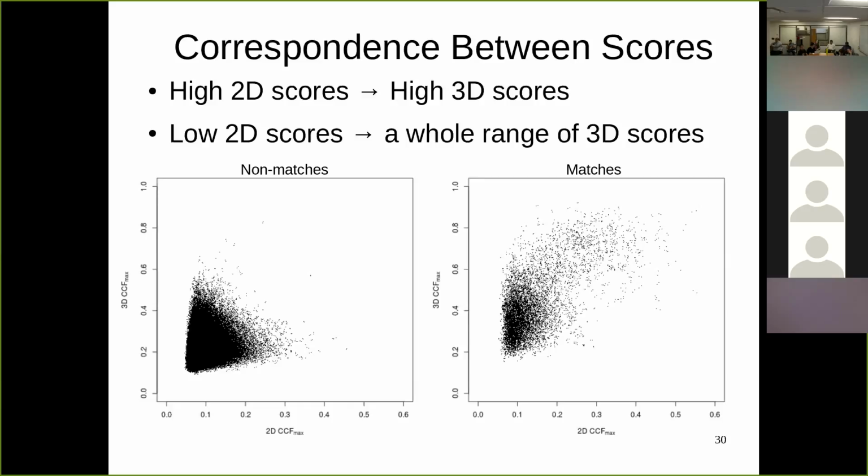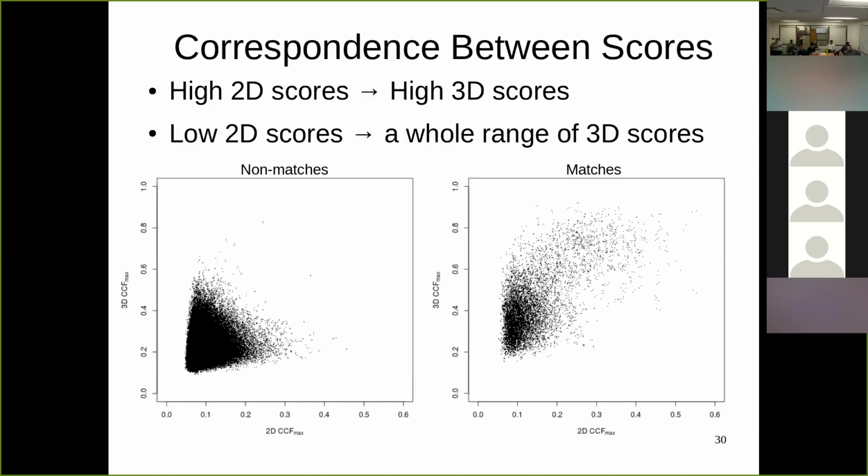So in the left parts of the plot, you can see that there's a whole range of possible 3D scores. So say your 2D score is somewhere less than 0.1, your 3D score might still be 0.5. So in the case of non-matches, this would be a poor result, but in the case of matches, this would be a good result.